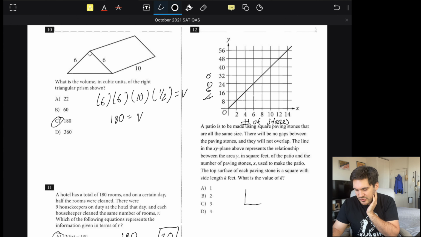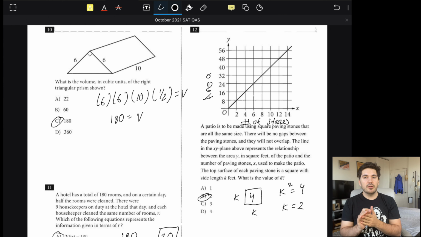But if each stone has an area of 4, well, they're squares, right? With side lengths of k feet. That means that k squared equals 4, because the way you find the area of a square is you square the side length. So k should be equal to 2.